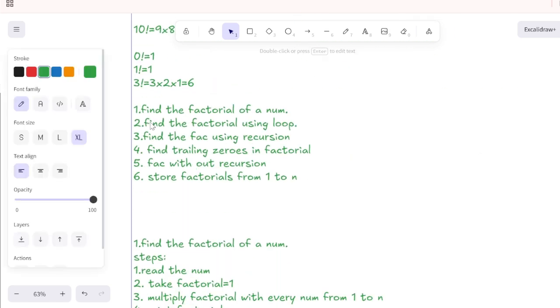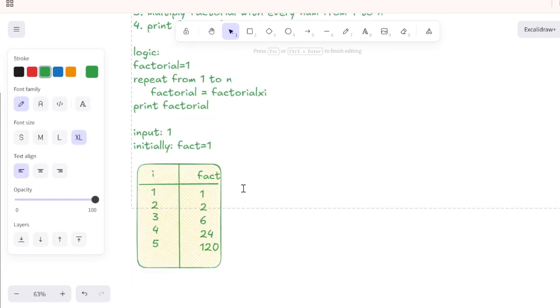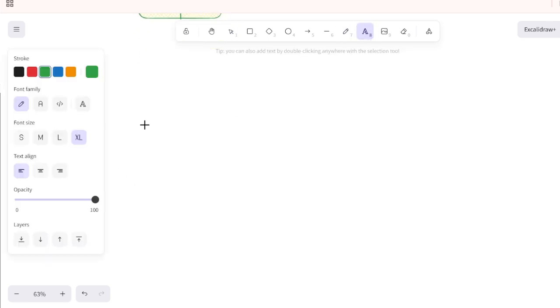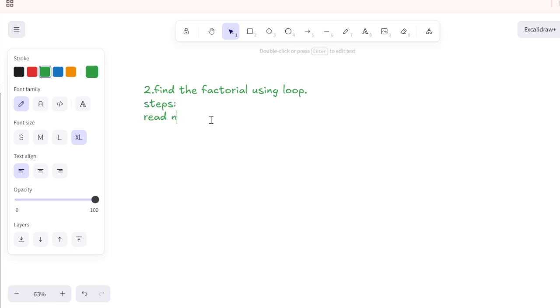Let's find the second one. Find the factorial using while loop. Here, I have mentioned that we used a for loop in the previous question. Now we are going to use the while loop in this question. So let's start with the steps. Read num as usual.